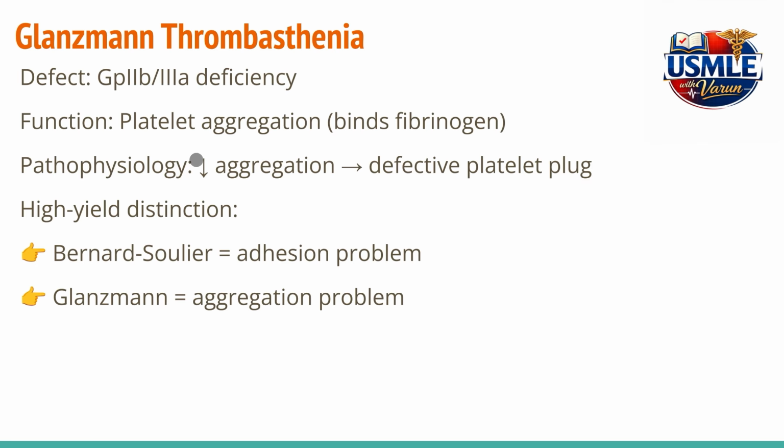So this distinction between adhesion and aggregation is really important. Bernard-Soulier syndrome is a defect with adhesion, concerned with the GP1B receptor, whereas Glanzmann thrombasthenia is a problem concerned with the aggregation of platelets, and the receptor involved is the GP2B3A receptor.